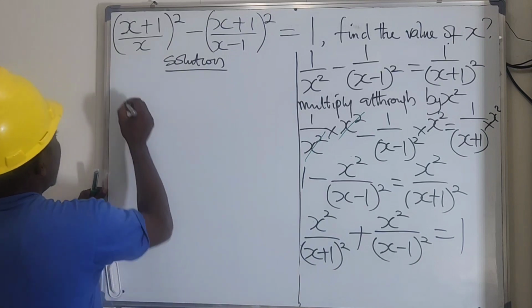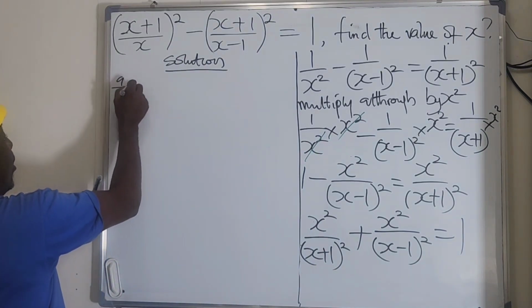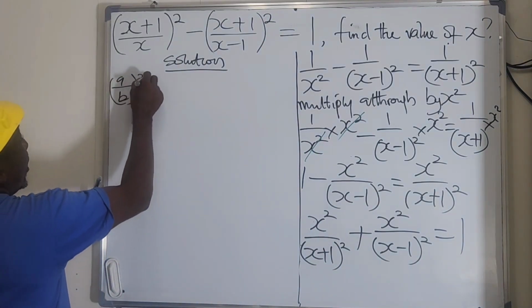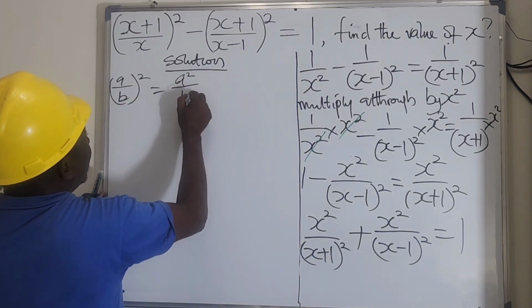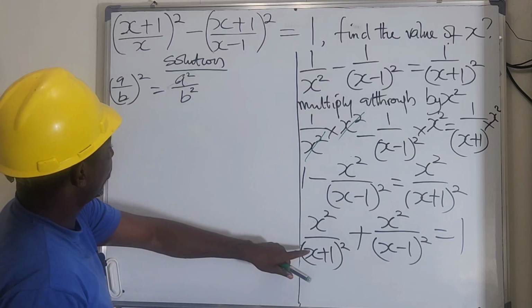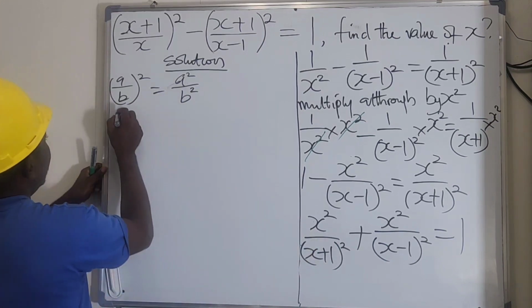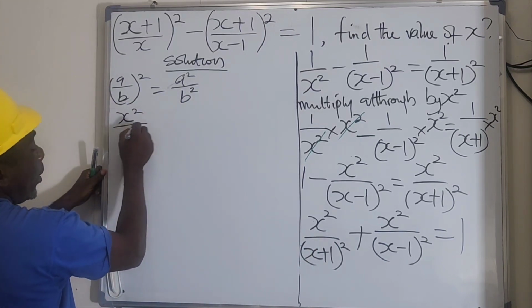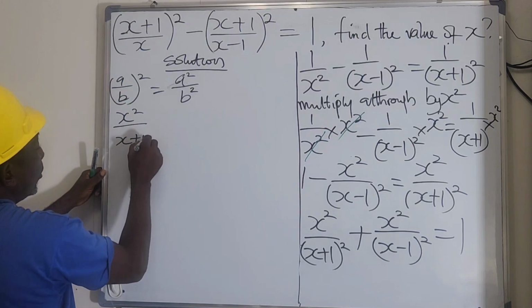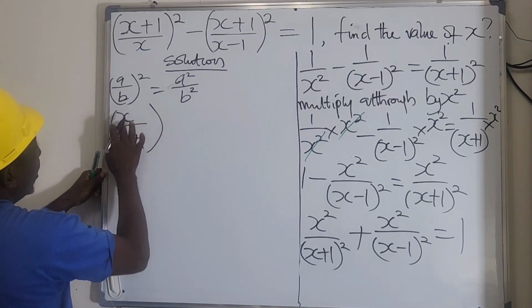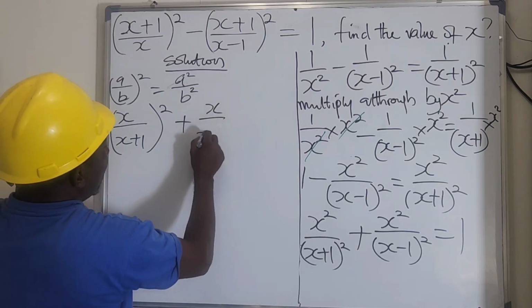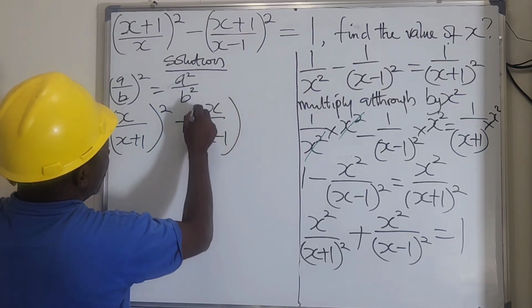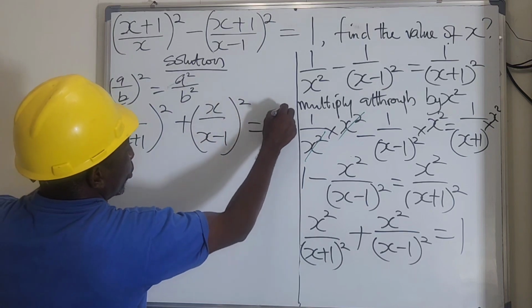We recall that when we have a all over b all squared, it is the same thing as a squared all over b squared. So that is what we will do here. So this will become x all over x plus 1, all squared, plus x all over x minus 1 all squared equals 1.